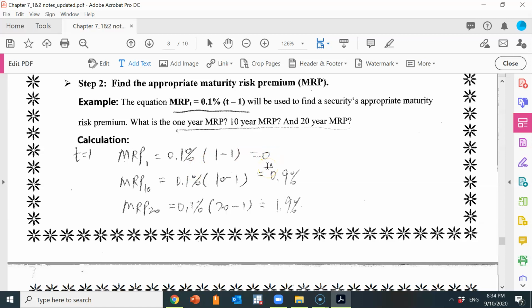Remember, for short-term bonds within 1 year, usually we assume there's no maturity risk, so MRP is 0 here. When T is 10, MRP 10 equals 0.1% multiplied by 10 minus 1, so we have 0.9%. MRP 20 is 0.1% multiplied by 20 minus 1, so we have 1.9%.